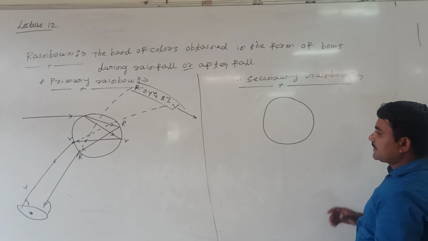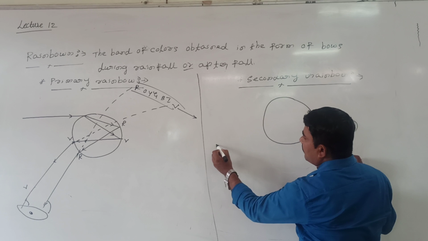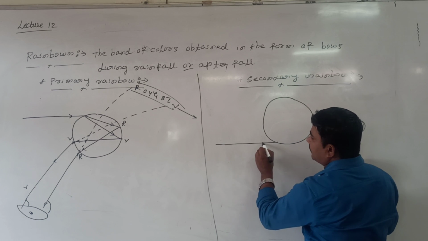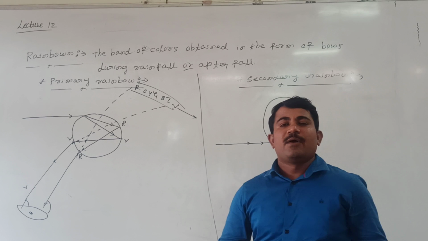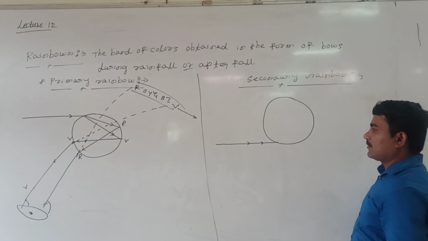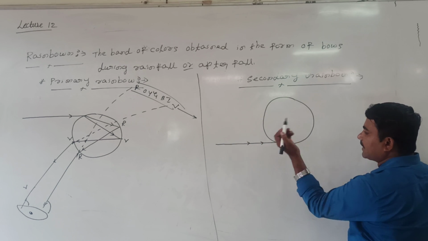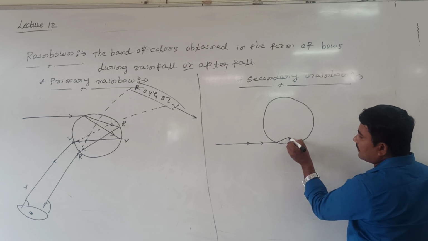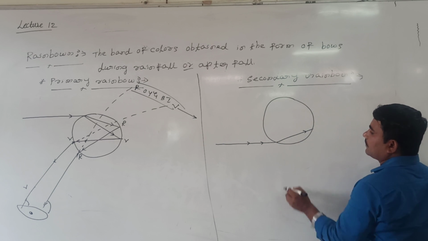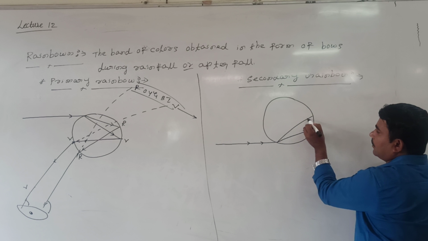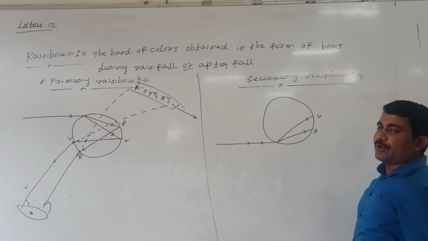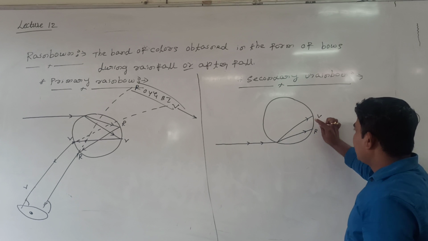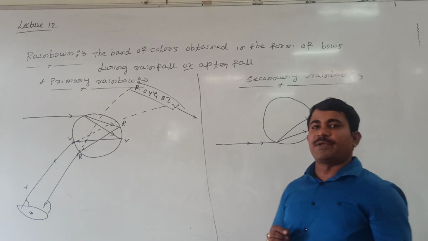Now, consider the ray of light which is coming from the bottom of the water droplet like this. Right? When white light is incident at this point, it disperses and refracts. Dispersion means this I can call red light, and this one I can call violet light, because red light is least deviated and violet color is most deviated.